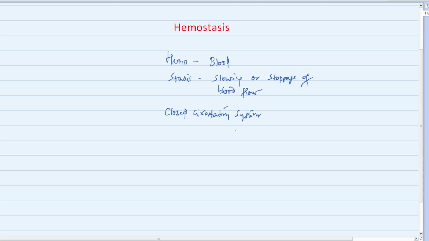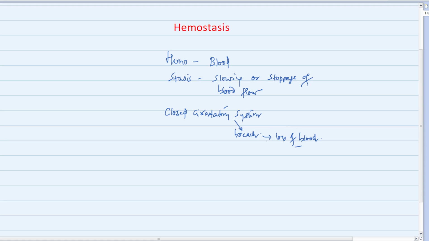Imagine there is a breach in this circulatory system. So if there is a breach, there would be loss of blood. And that wouldn't bode very well for the organism now, would it?